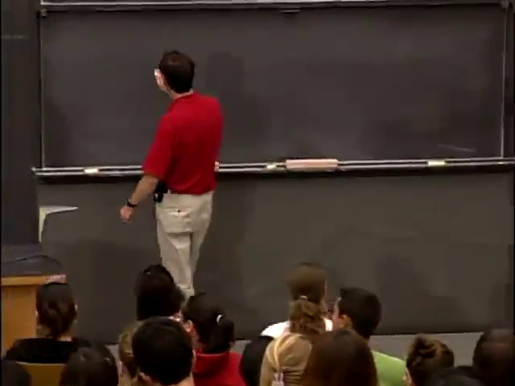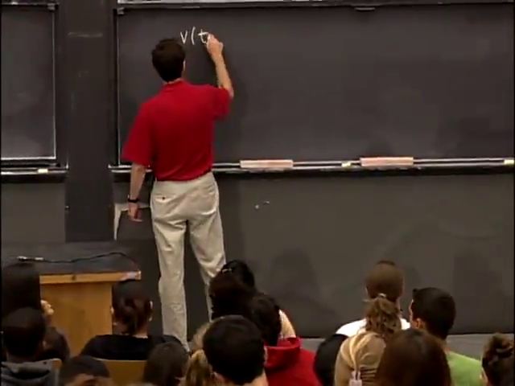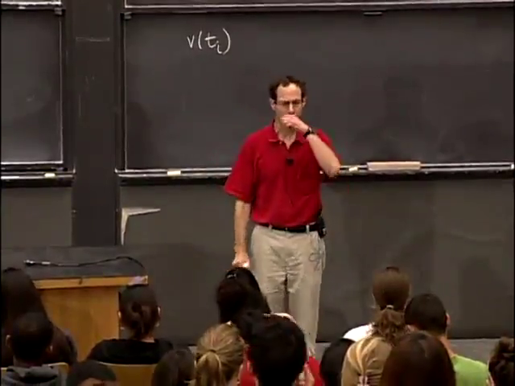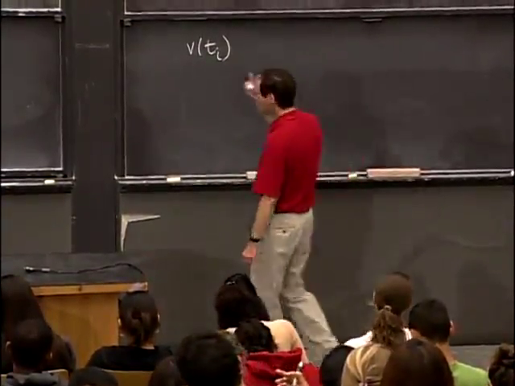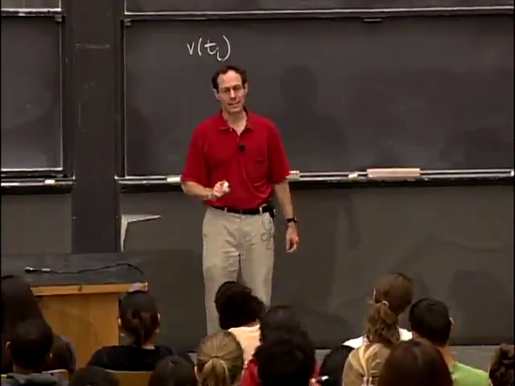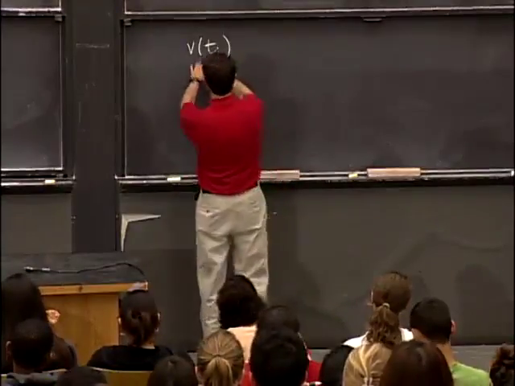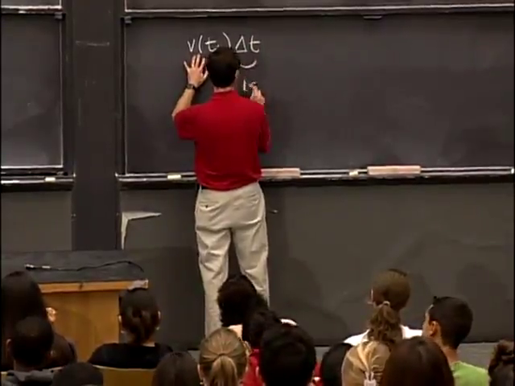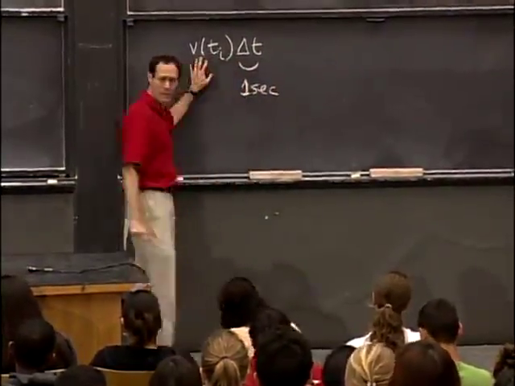Okay? So you've read your speedometer in the ith second, and you've read that you're going at this speed. Now, how far do you go in that second? Well, the answer is you go this speed times the time interval, which in this case we're imagining is 1 second. All right?